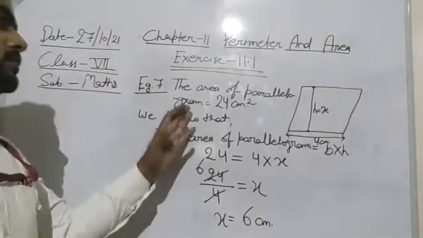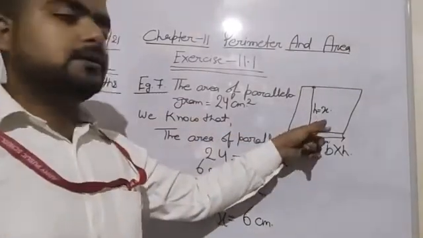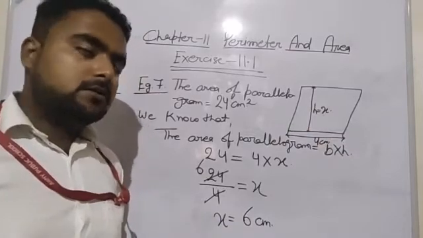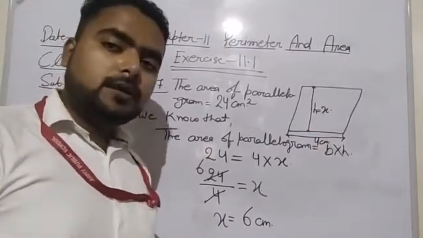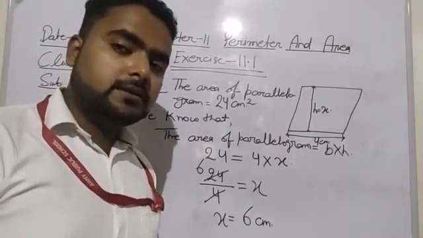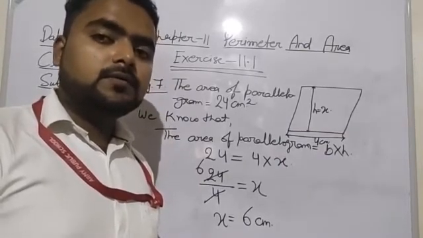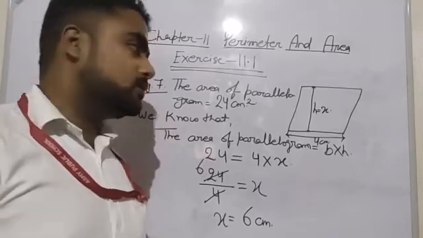In this question, we have to find the height, that is x centimeter, given in the question, and the area of the parallelogram is given and its base is given. So by the two known quantities, we have to find the other unknown quantity.